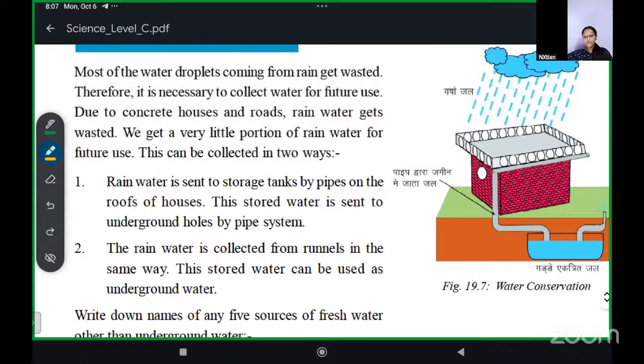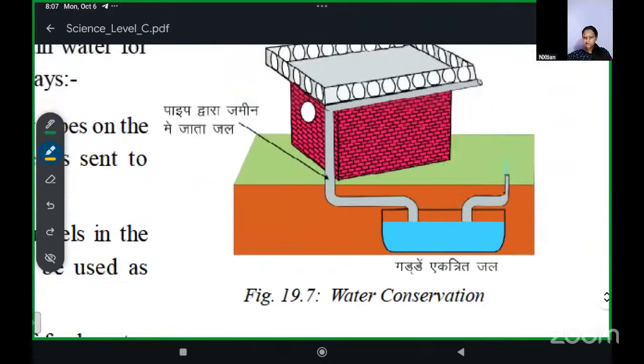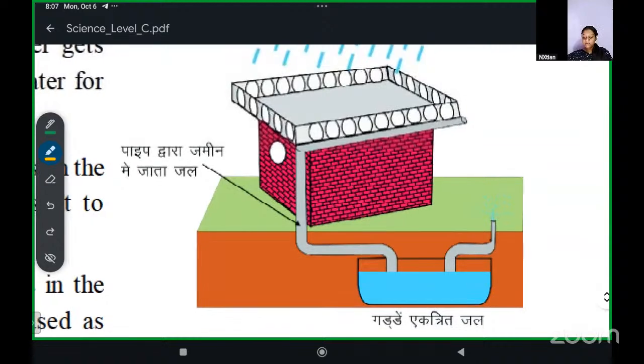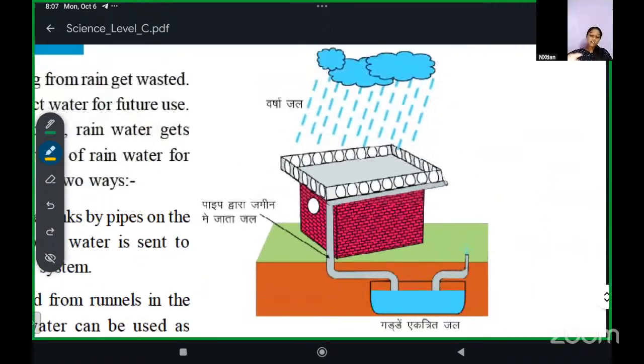Rainwater is sent to storage tanks by pipes on the roofs of the houses. The stored water is sent to underground holes by a pipe system. So this is a roof which has a pipe around it.